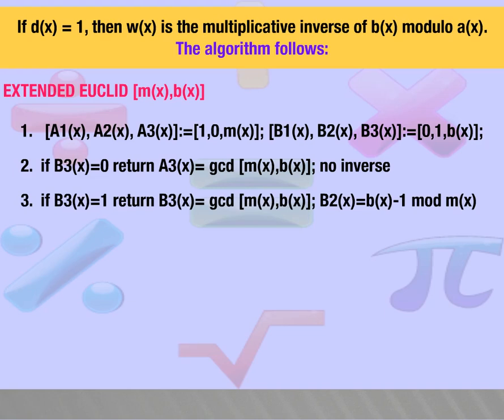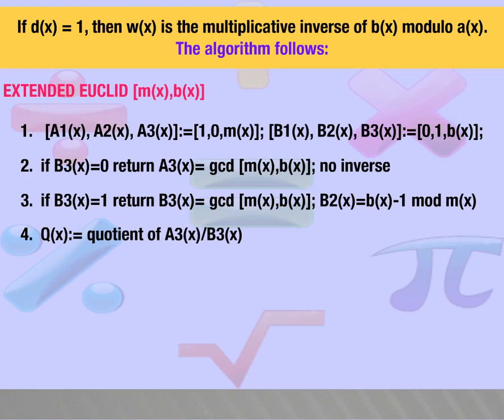If b3(x) is equal to 1, return b3(x) = GCD of m(x), b(x); b2(x) = b(x) inverse mod m(x).